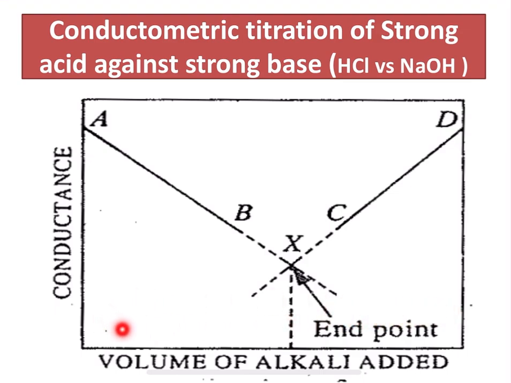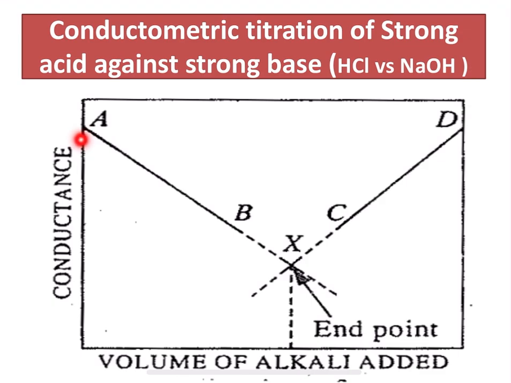Say for example, this is 1, 2, 3, 4, 5, 6, 7, 8, and here the conductance measured is 5, 10, 15, 20, 25, 30, 35. The initial conductance of hydrochloric acid alone will be very high, so we are going to get a conductance between 30 to 35 or somewhere here. Let me call this point as A.